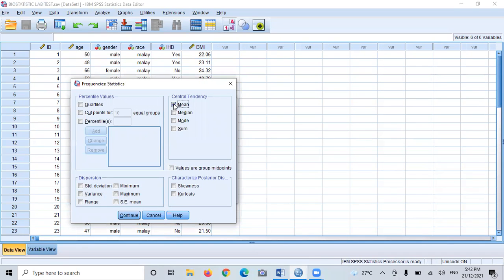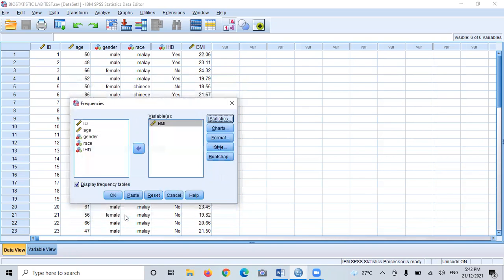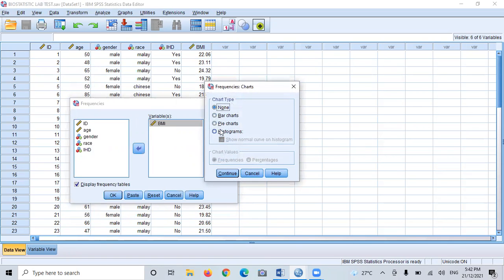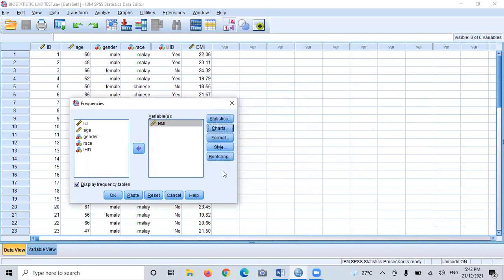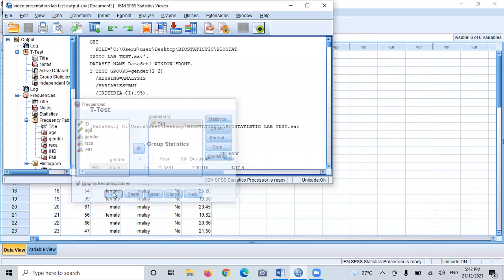Then we choose the mean and median for central tendency, and for dispersion we choose the standard deviation, and continue. We go to Charts, choose the histogram and click Continue. Then we click OK.